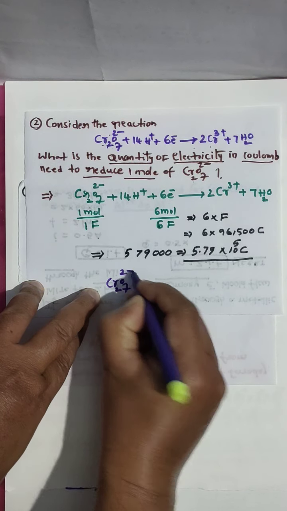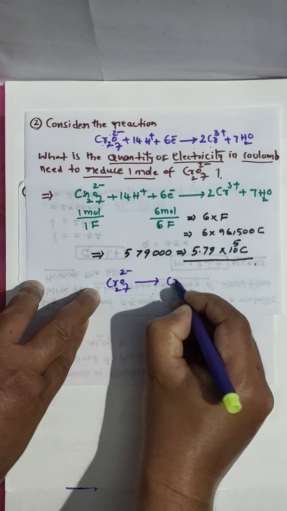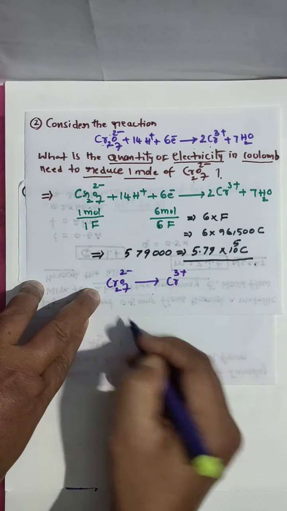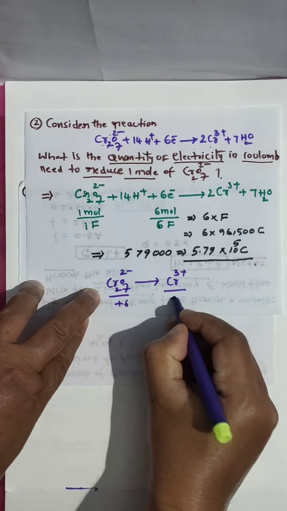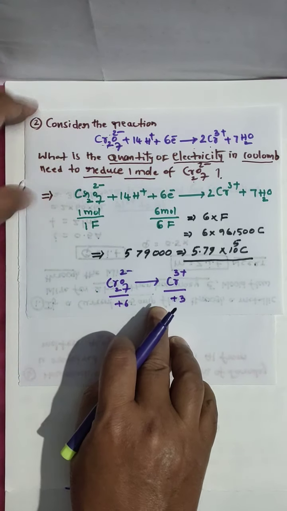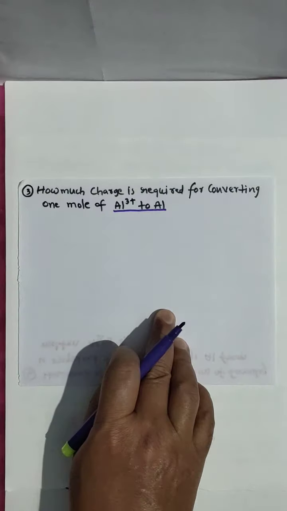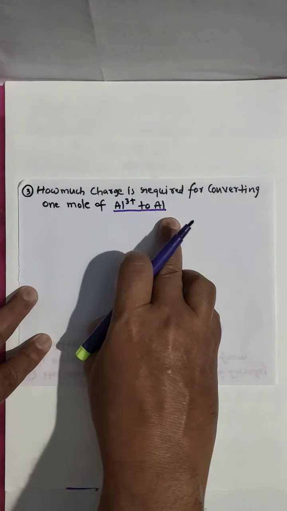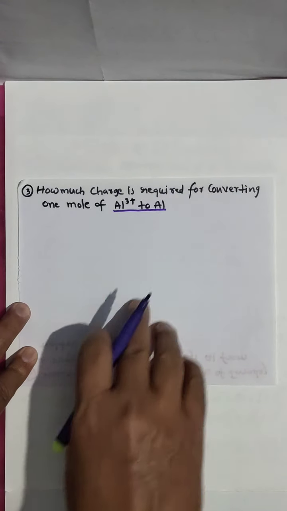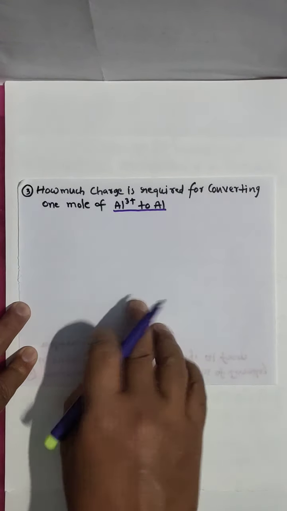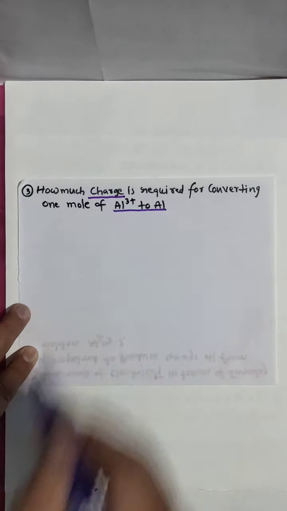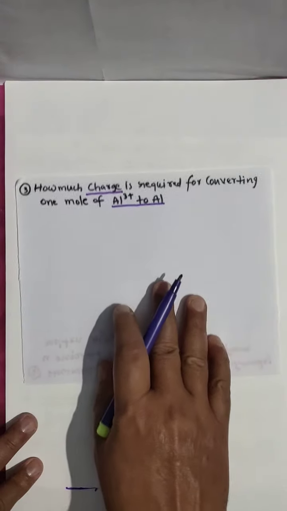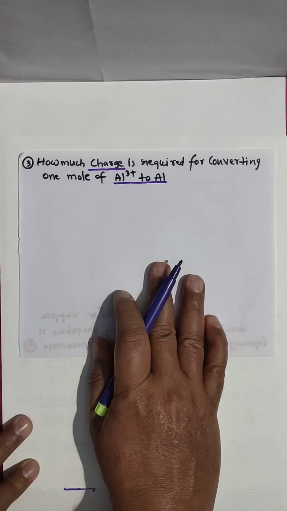Cr2O7 2- reduced to Cr3+, that means ion to ion, plus 6 oxidation to plus 3. But here now they are asking ion to metal. Clear? So Al3+ has to reduce to Al at the cathode. For that, how much charge is required for 1 mole conversion, they are asking.